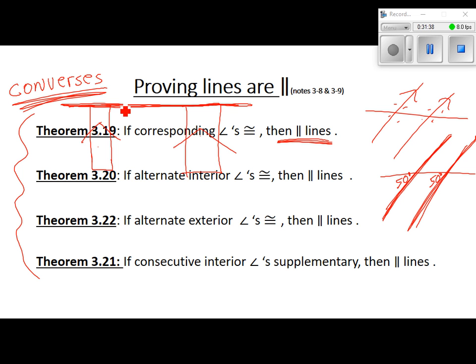Alright, so if I take that piece of string, I can tie it across there tight. What should be true about this angle and this angle if these two are parallel? They should be the same, and that's what this first one says. If those corresponding angles are congruent, then I know that my lines here are parallel to each other.